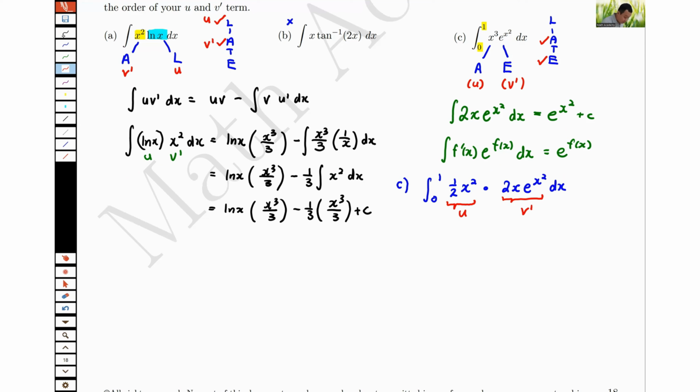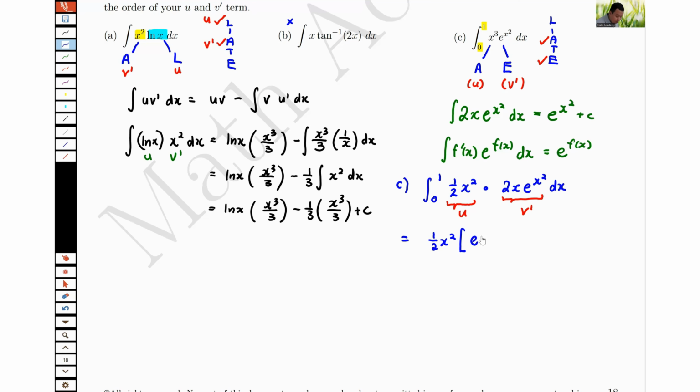Okay, let's start with the formula. So we follow closely to the integration by parts formula. It's UV prime giving me UV. So first term, keep the U term. So I keep my half x squared. What is V? V means you integrate this V prime, which we have prepared just now. If I integrate this V prime, I get e^(x squared).